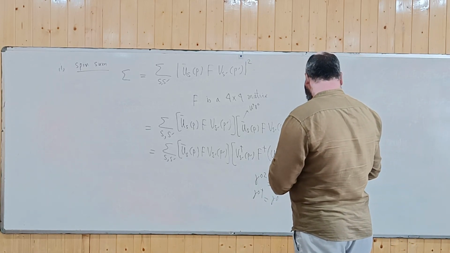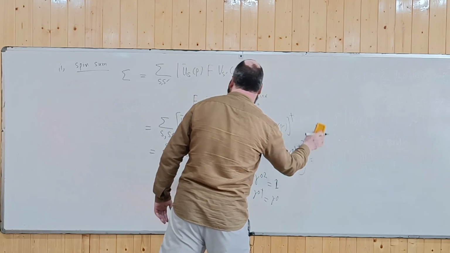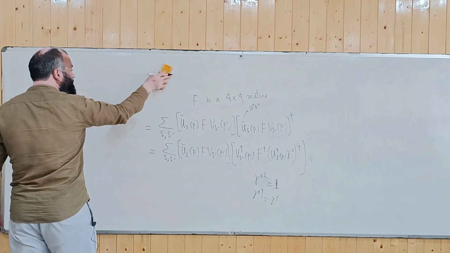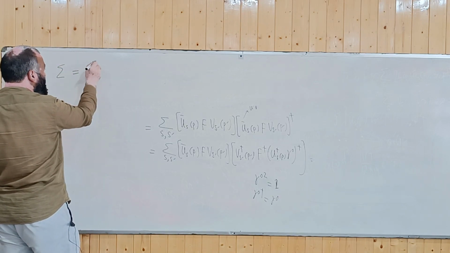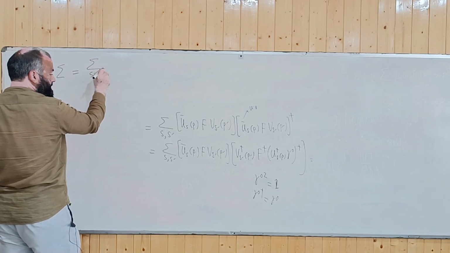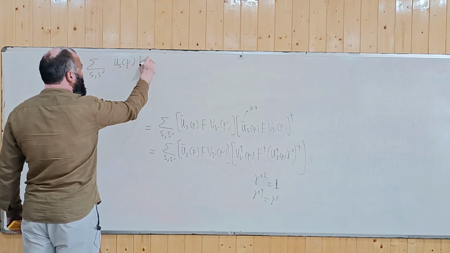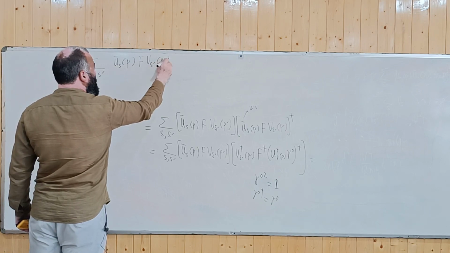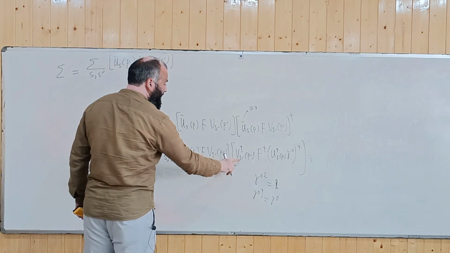Okay, so this sigma is then equal to the summation over s prime of ubar_s(p) F v_s'(p').